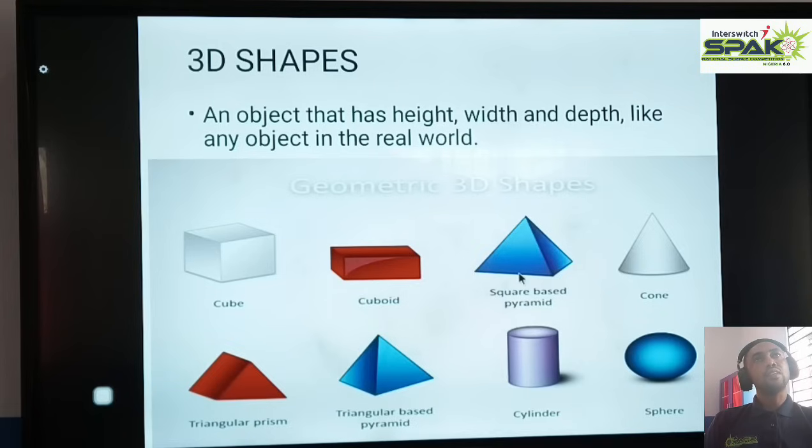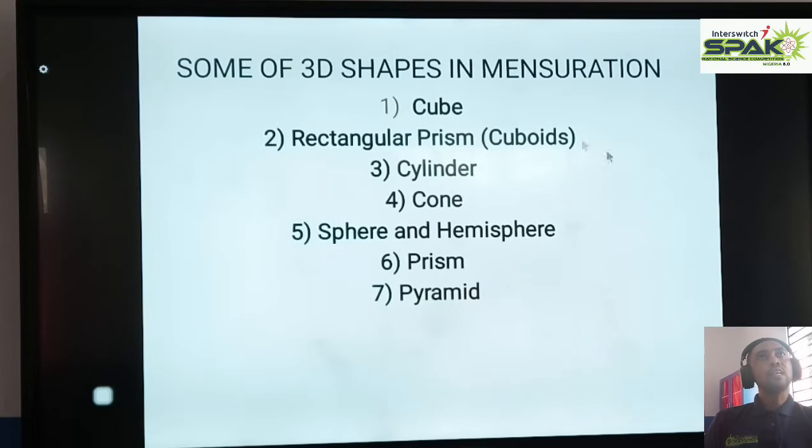These are examples of 3-dimensional shapes. But under this topic, we'll be looking at these 7 basic shapes.